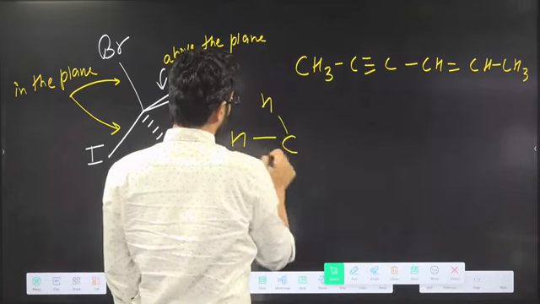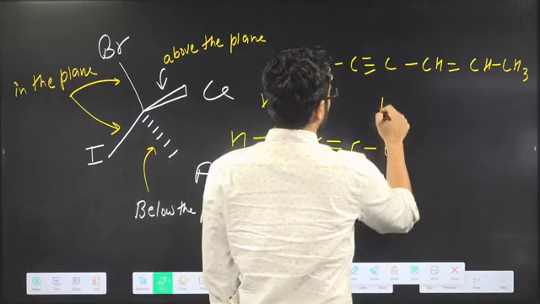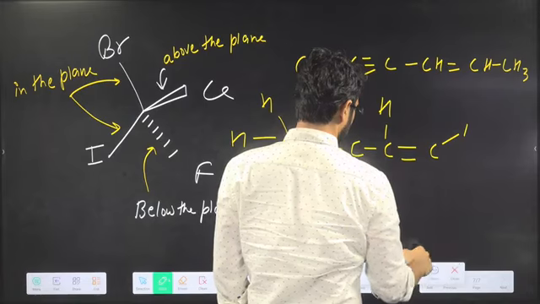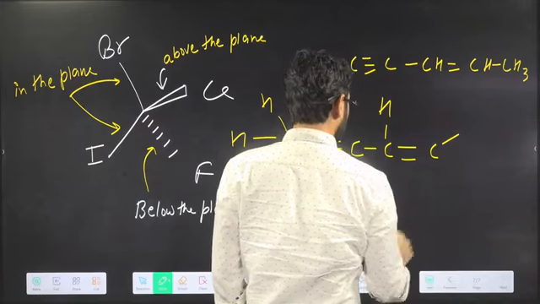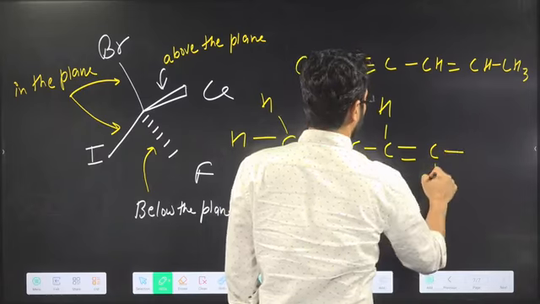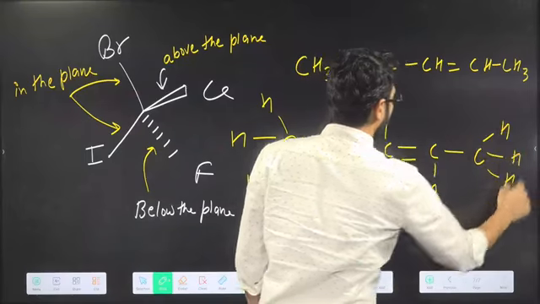Better it is CH3, C triple bond C, CH double bond C. So now you can count the sigma and pi bonds.